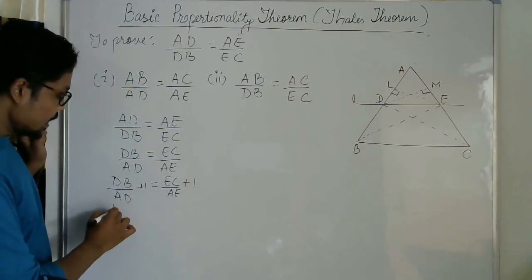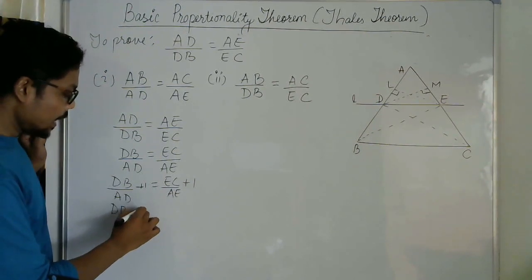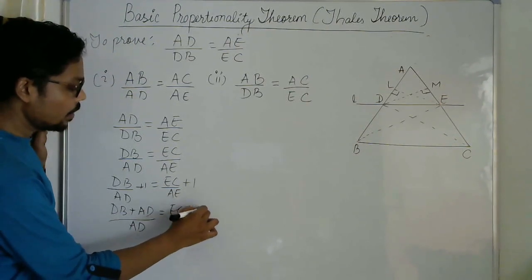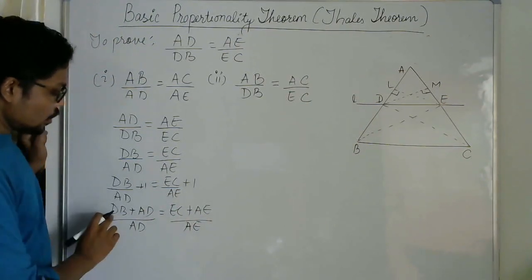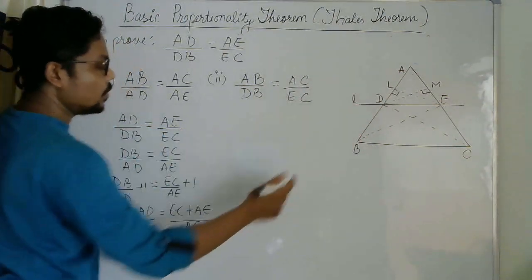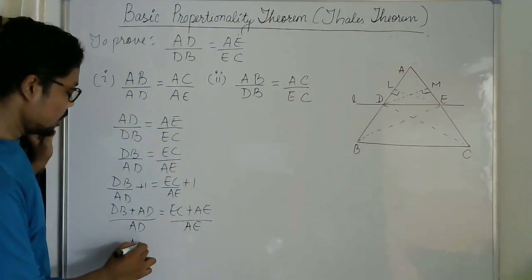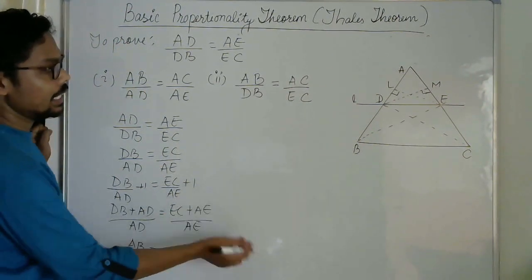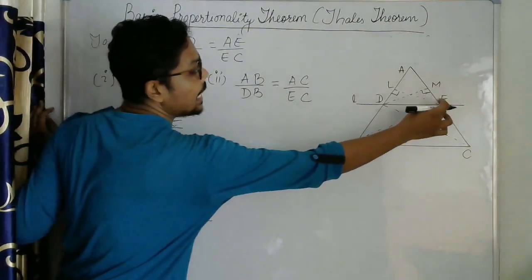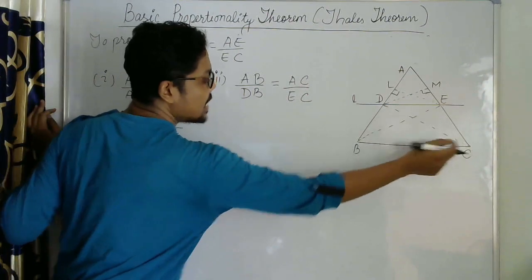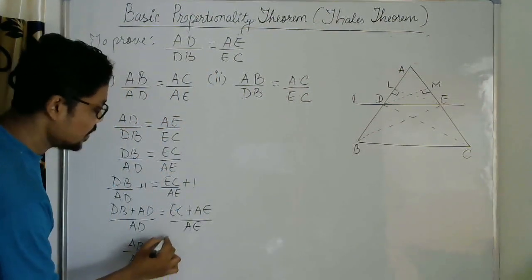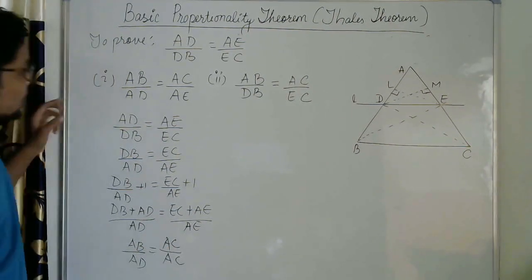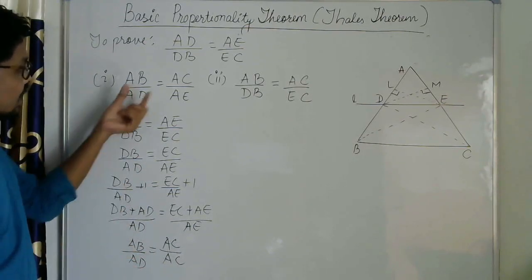Take LCM here, that is DB plus AD by AD, which is equal to EC plus AE by AE. So DB plus AD is AB, that is AB by AD, and EC plus AE is AC, so AC by AE. So this relation is done.